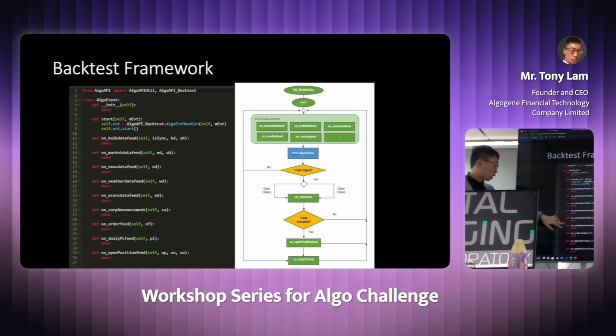News data, weather data, reproduction statistics, etc. So once we receive the corresponding data, we need to fill the logic how we deal with the data updates. So for example, for our previous example, we need to update our logic on the market data feed.